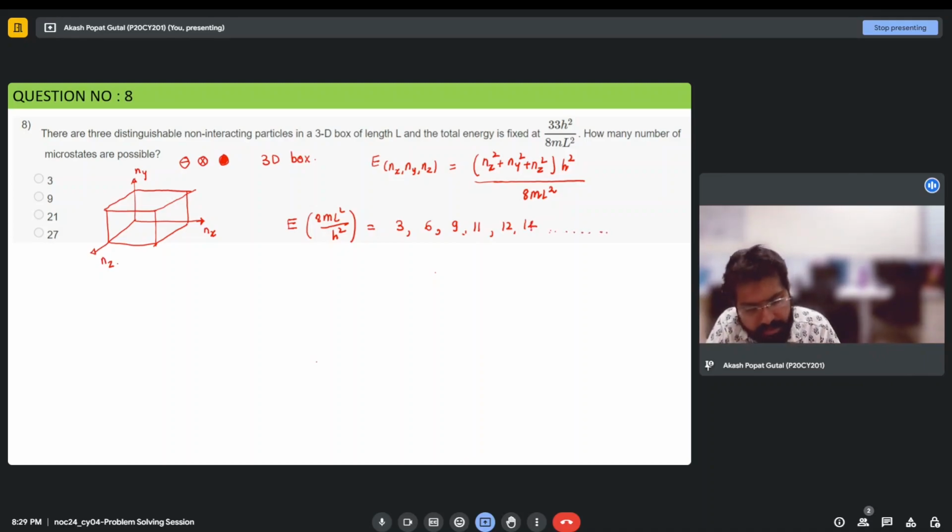You can find it in your lectures. In the lecture, there is one table. You can find these values in that table.